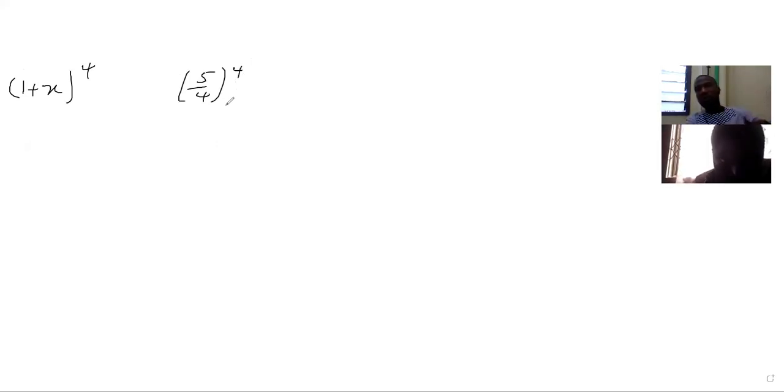That is A. Then we take the B. Use the result in A to evaluate 5 over 4 power 4, correct to three decimal places.